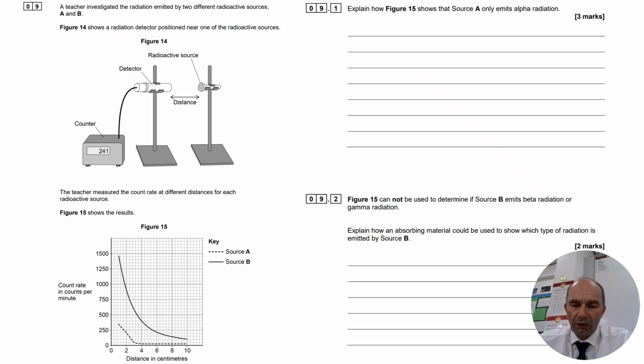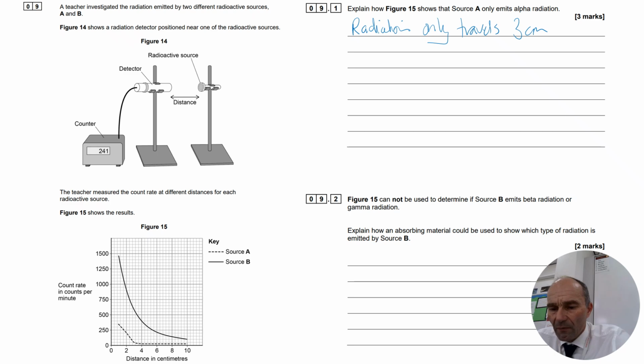Well, if you look at source A, that's the dashed line, it suggests that the radiation only travels about 3 centimeters. Maximum of 3 centimeters.